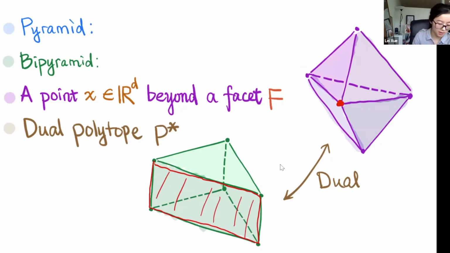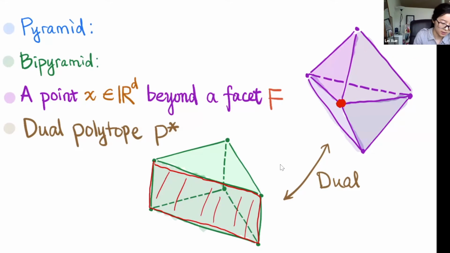In the green polytope, this rectangle contains 4 vertices, and that corresponds to this vertex in the purple polytope that's contained in 4 facets, like it's flipped over.